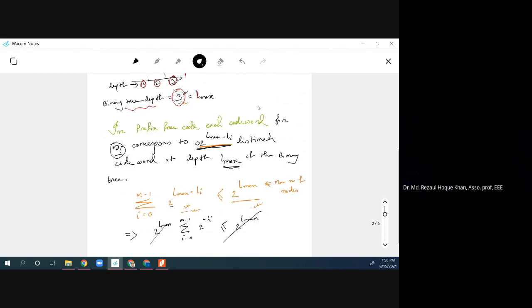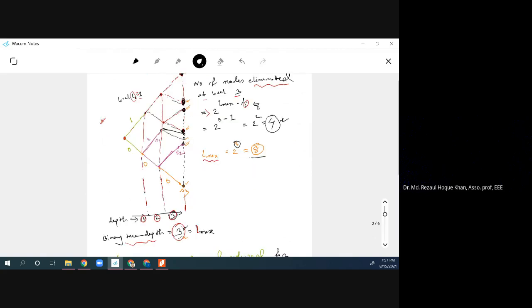So we can write that the sum over i from 0 to m minus 1 of 2 to the power (L max minus Li) will definitely be less than 2 to the power L max, because 2 to the power L max is the maximum number of nodes or code words possible.